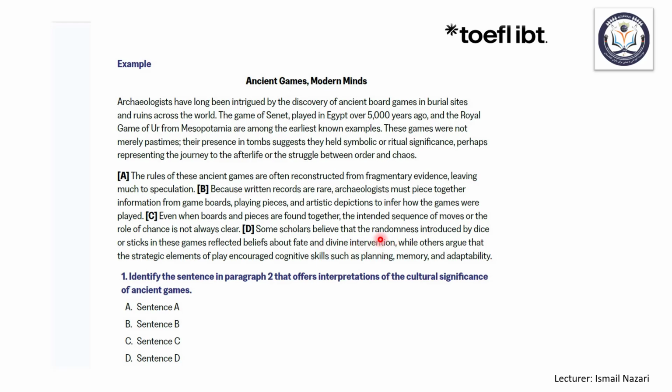It says some scholars believe the randomness introduced by dice and sticks in these games reflected beliefs about fate and divine intervention, while others argue that the strategic elements of play encouraged cognitive skills such as planning, memory, and adaptability. So these are the points that offer interpretations of cultural significance. So this is what we have as select the sentence question on the reading section.